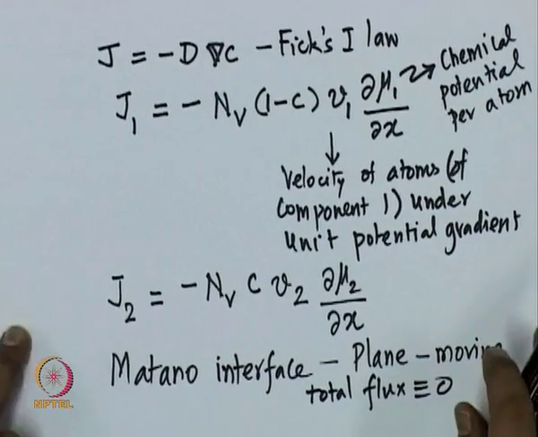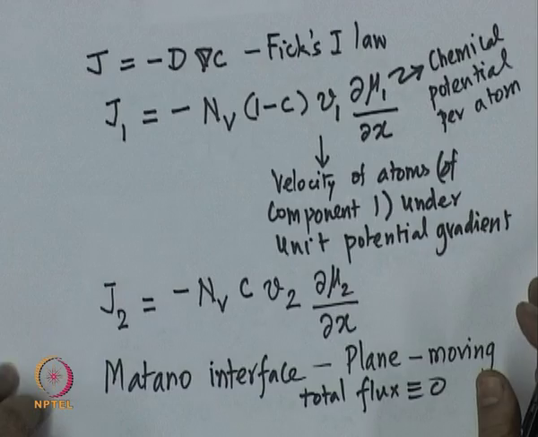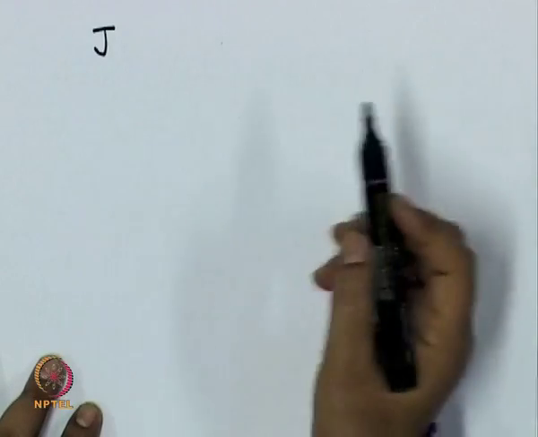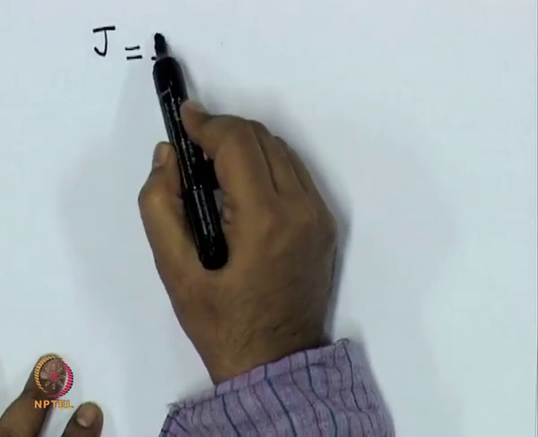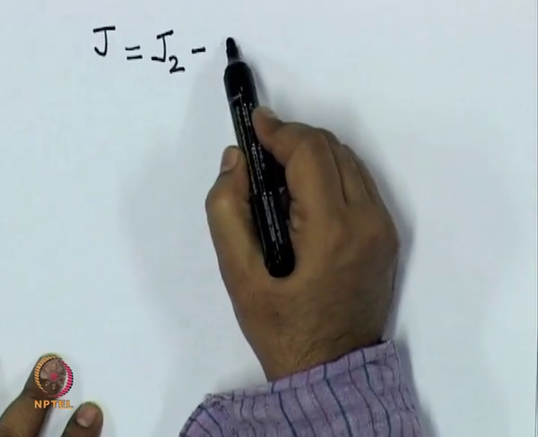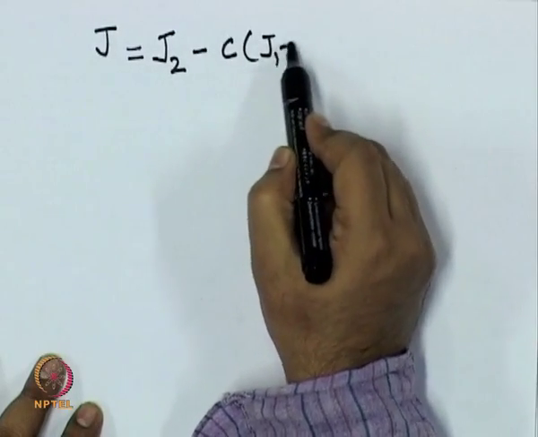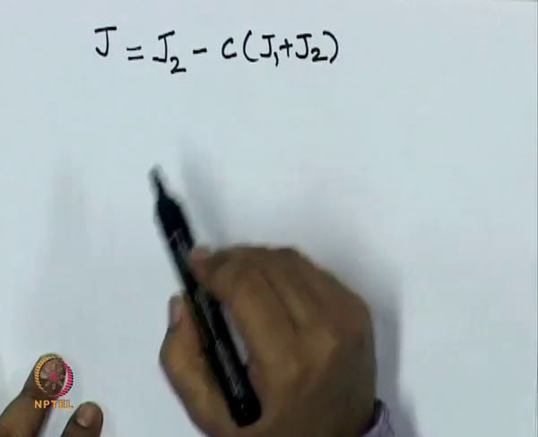This again is probably a tutorial that we can do at some point, to show that if you want to define the flux for the B type of atoms, or the 2 type of atoms, let me call that J, because that is what is part of the classical Fick's law. So, that J is nothing but J2 minus C times J1 plus J2.